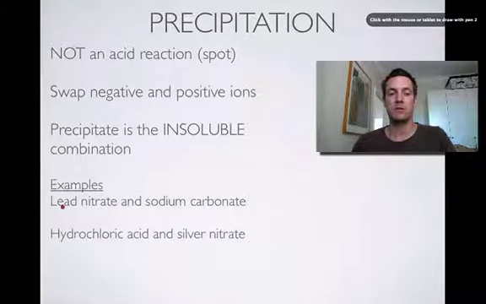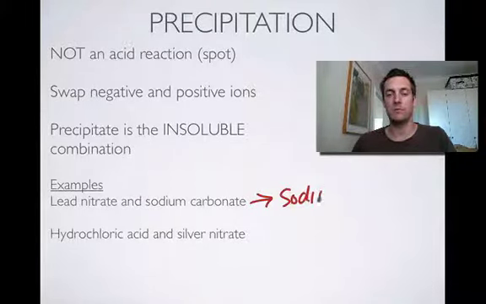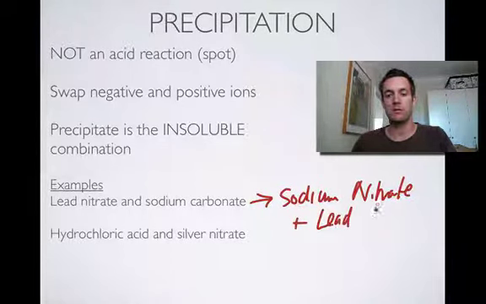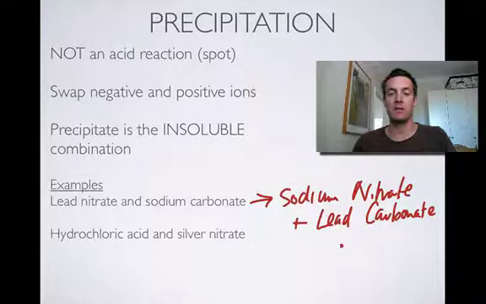We swap the positive ions, so we'll end up with sodium nitrate and lead carbonate, because we've just swapped the ions round. Okay, and in this case, actually, the lead carbonate would be our precipitate, because we can look up on our data sheet that that's an insoluble compound.